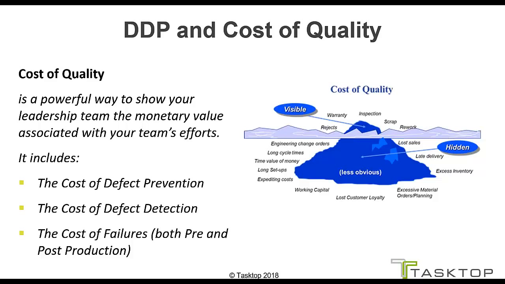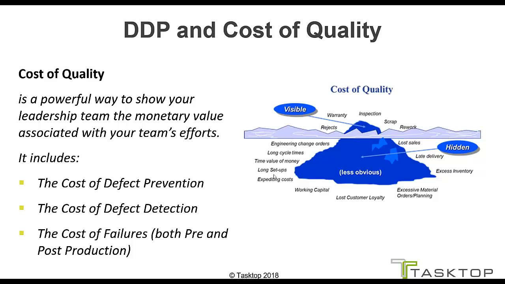This webinar is about defect detection percentage and effectiveness. However, I felt it was necessary to show you this slide, because I'm going to show you in the next slide how the calculation can be tied into that report. So this is a powerful way to show your leadership team the monetary value associated with your team's efforts, okay?